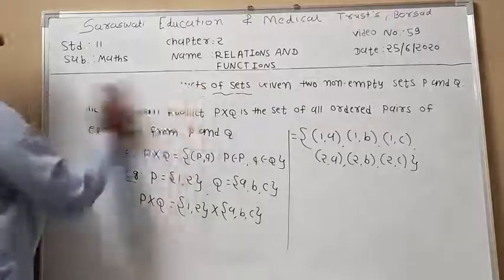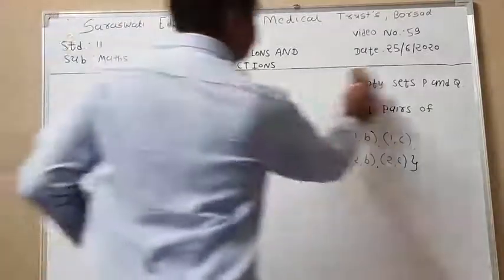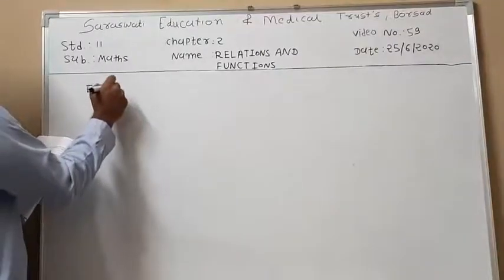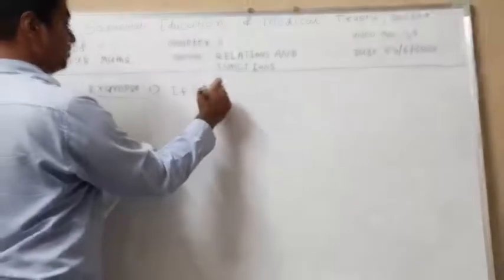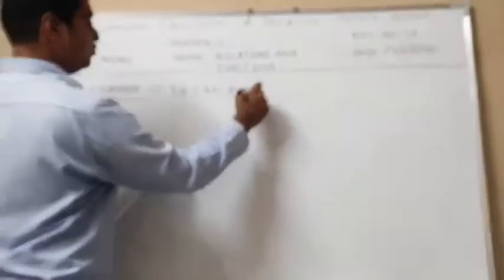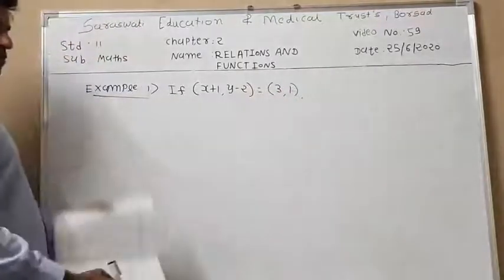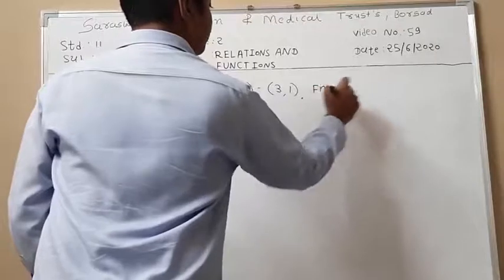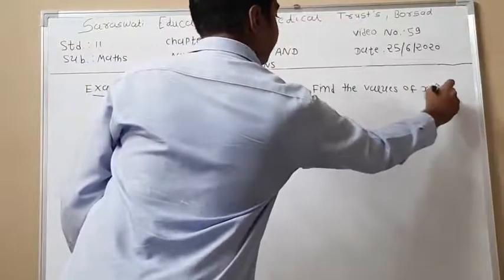Example number 1. Our question is: if (x + 1, y - 2) = (3, 1), find the values of x and y.